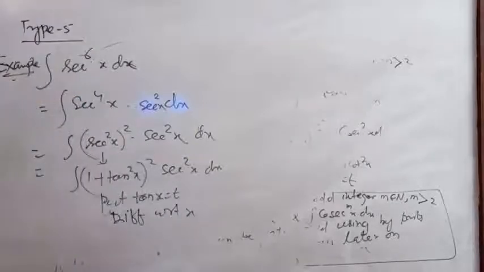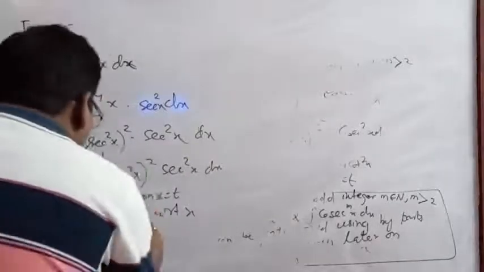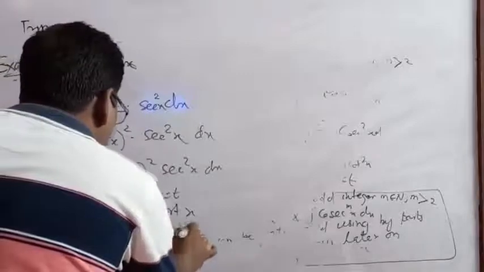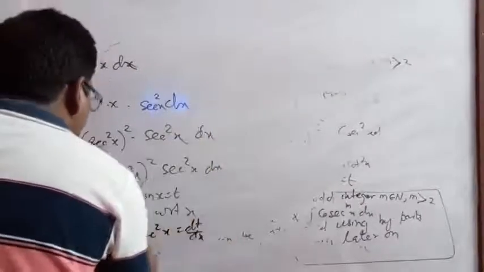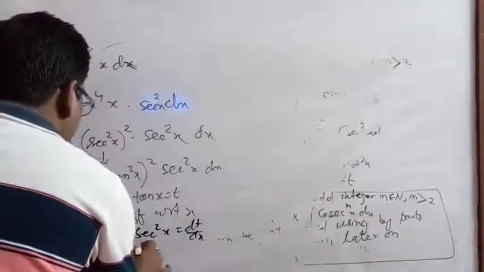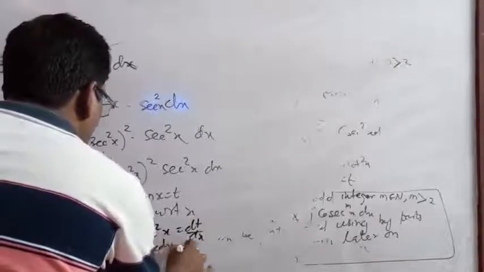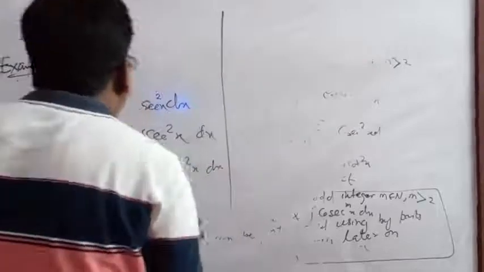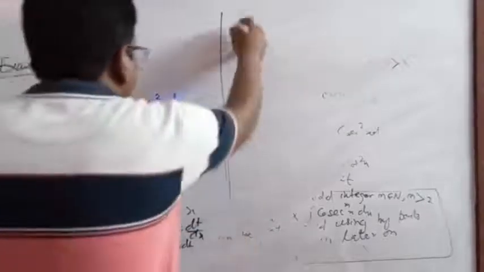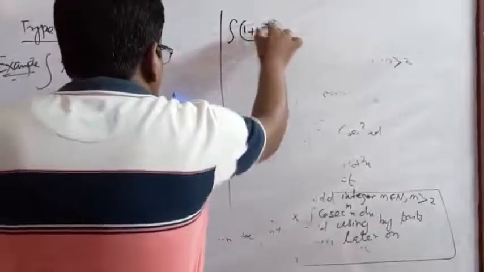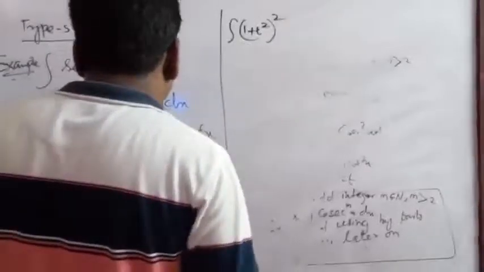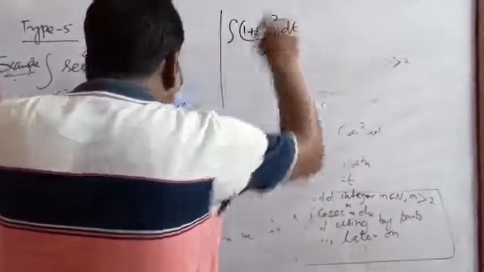So sec square x equals dt by dx, so sec square x dx is equal to dt. So this is integration of 1 plus t square whole square dt.